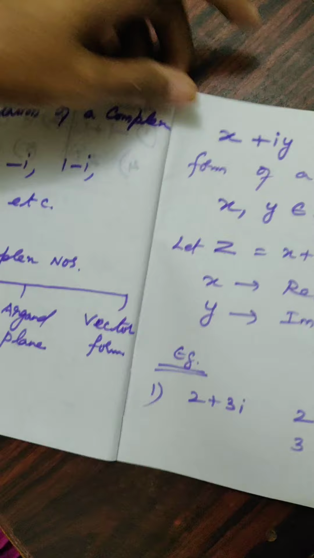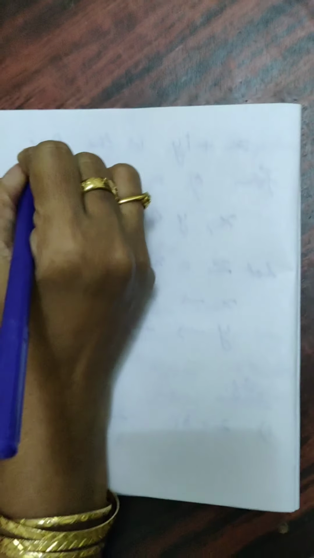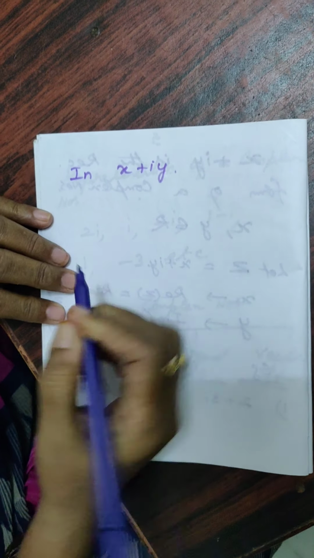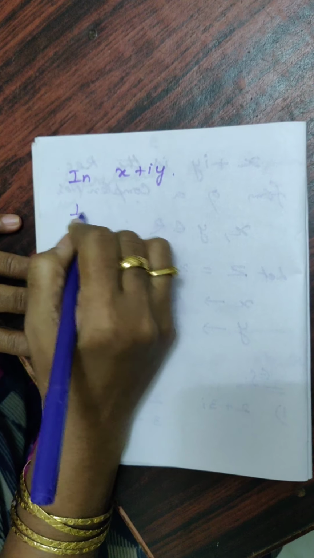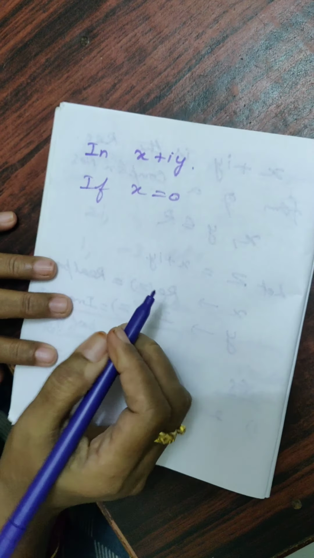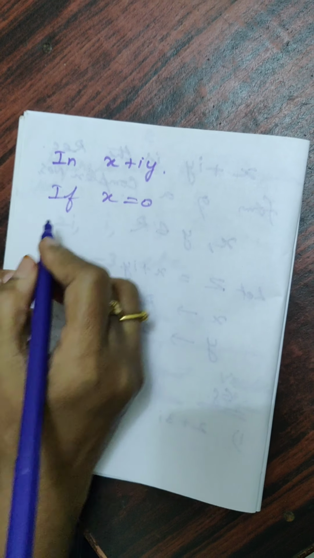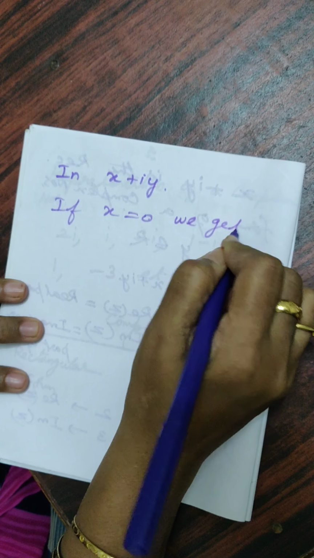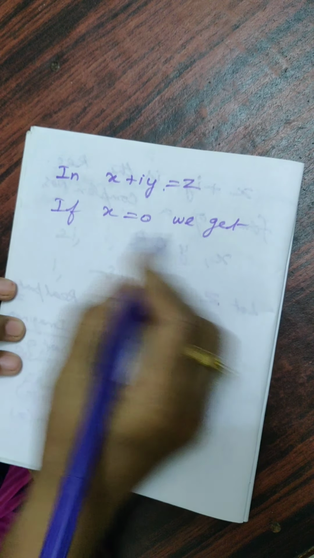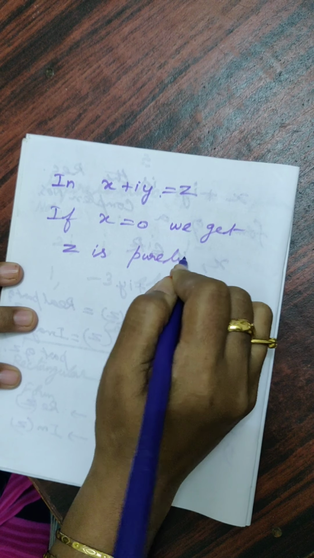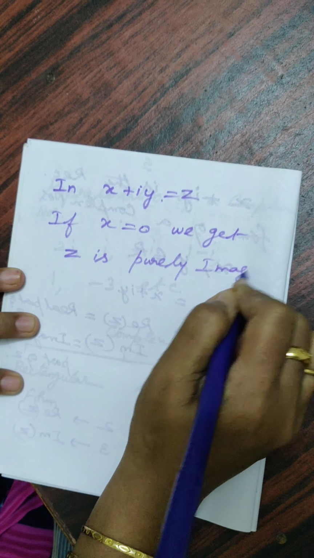Let us see some important results in x plus iy. If x is equal to 0, you will get only iy, so z is purely imaginary. Is it clear to all of you?